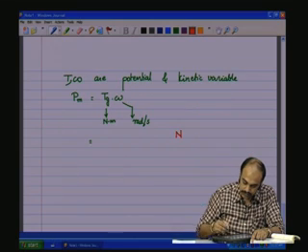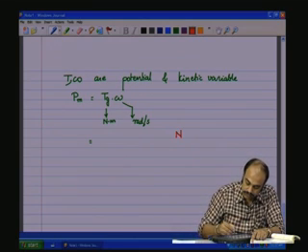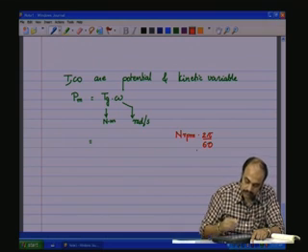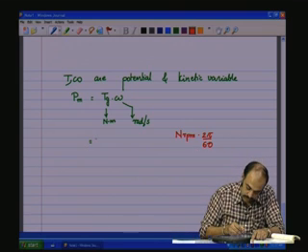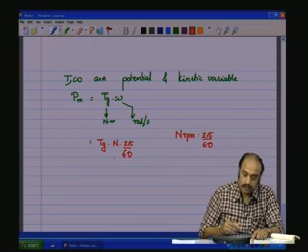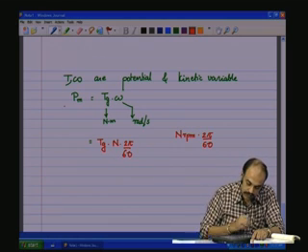So, we want to express everything in terms of n, and therefore, n which is in RPM, to convert it into radians per second, we are multiplying it by 2 pi by 60. So, therefore, Tg into n into 2 pi by 60 will give you the power.